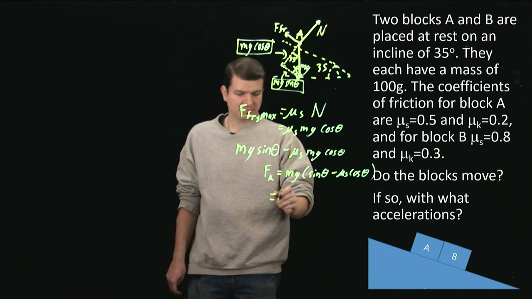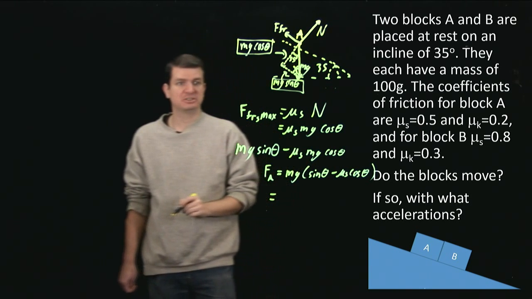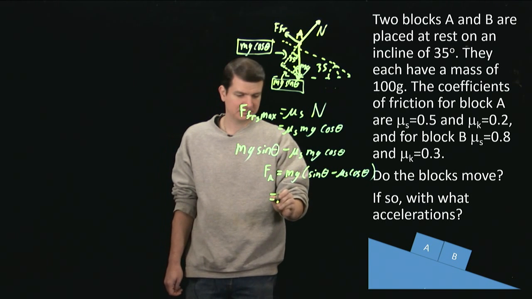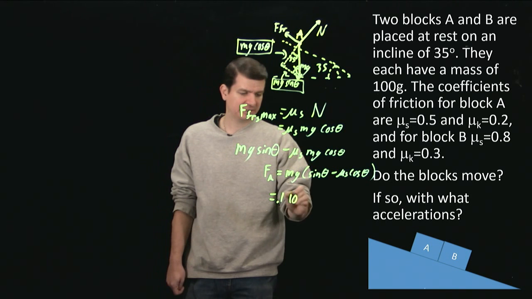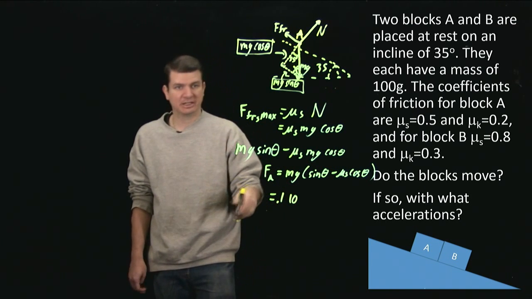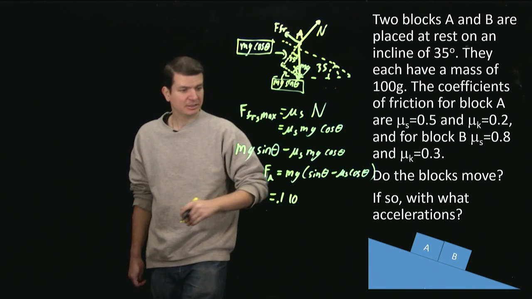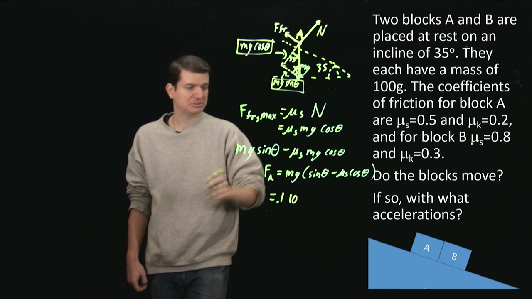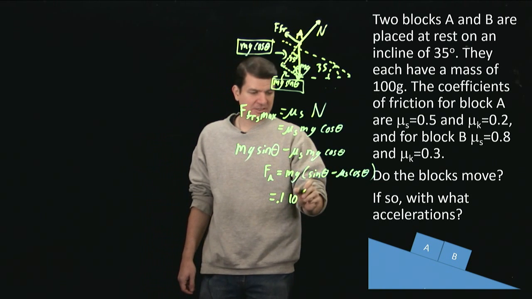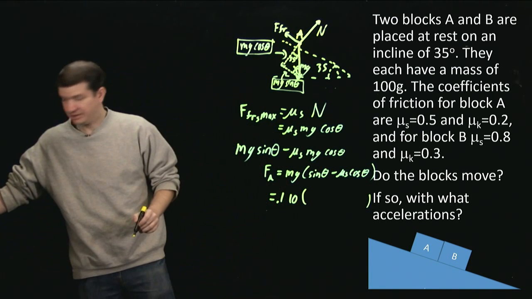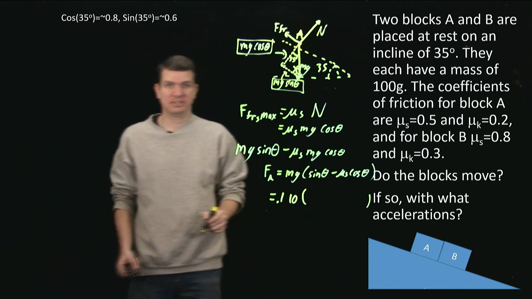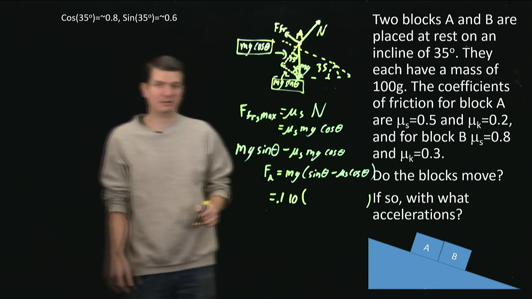So m is 100 grams, which is 0.1 kilos. g we'll call 10. If you've got a calculator, you can use 9.8. If you don't, as I don't, we'll just use 10. Then we need to know something about sines and cosines. So fortunately, I've gone ahead and cheated and brought these into the video.